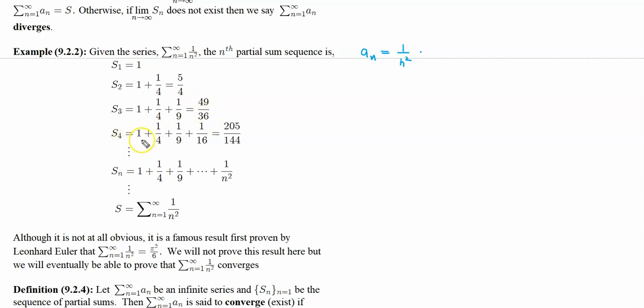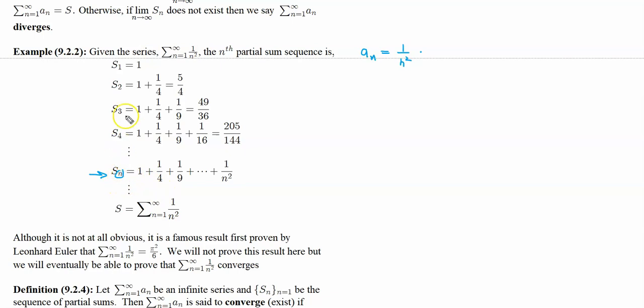S4 is 1 plus 1/4 plus 1/9 plus 1/16, 1/16 being 1 over 4 squared, of course. And then so on. As you see, Sn in general would be 1 plus 1/4 plus 1/9 plus all the way up to plus 1 over n squared, whatever you would pick this n to be.